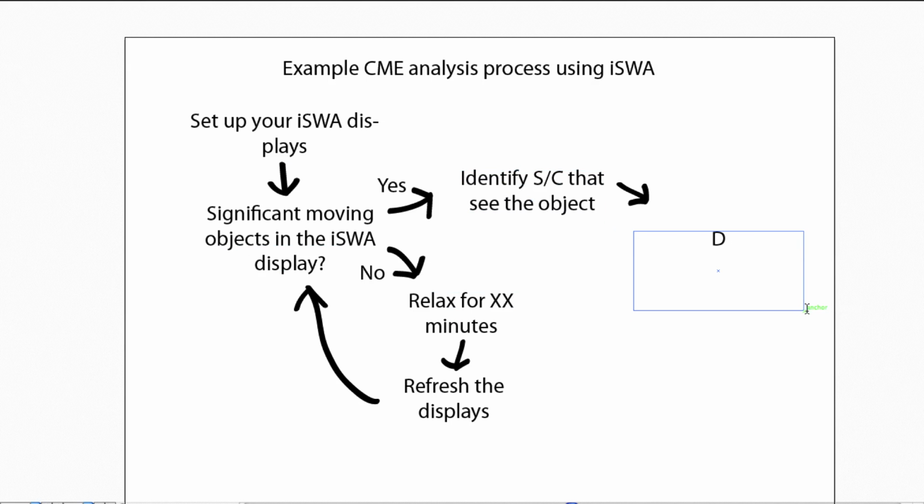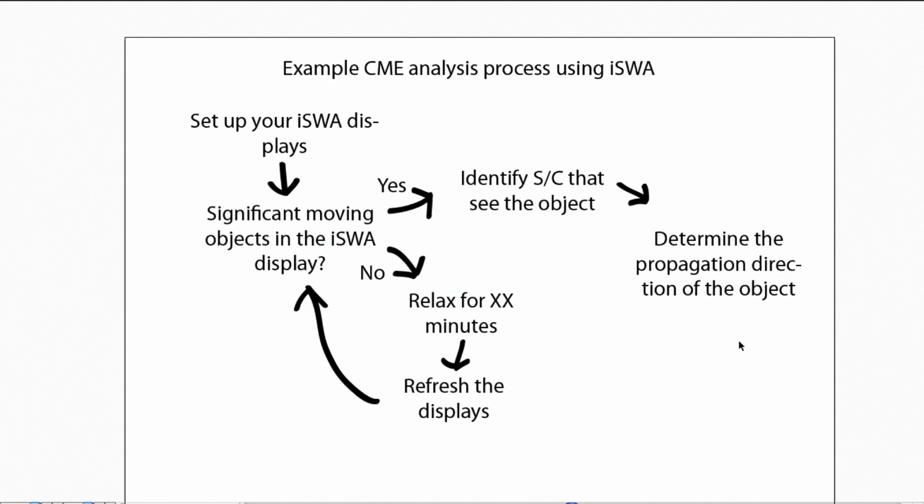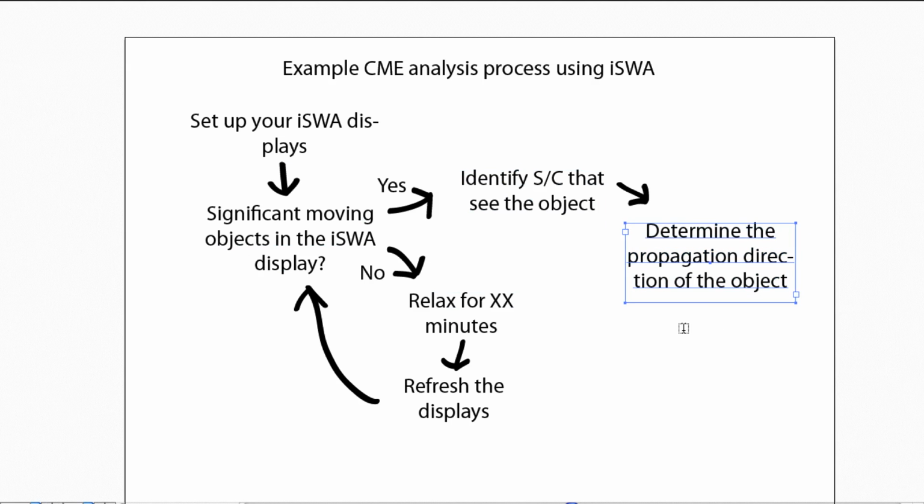So determine the direction, let's say the propagation direction, of the object. An object, of course, in our case, would typically be a coronal mass ejection. Once you have done that, you will go to the final step in the yes branch, which is further actions.